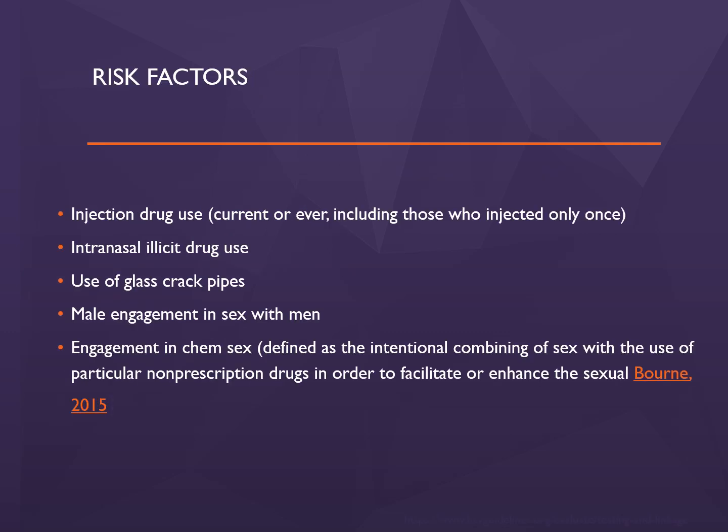What I do want you to be cognizant of is risk factors. When you think about hepatitis B or C, I want you to think about how it is transmitted. If we say blood to blood, think about activities your patient may participate in that would expose them to someone else's blood.